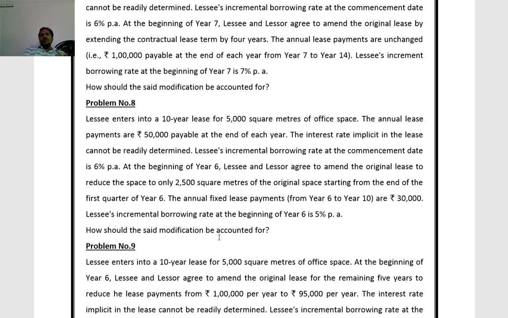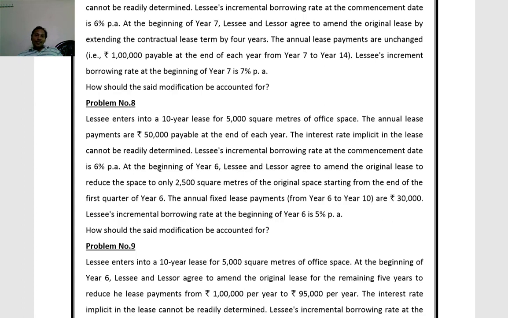So, we will go through the question once again. Initial lease term is for 10 years and it is for 5,000 square meters of office space. Annual lease rent 50,000 payable at the end of each year. Implicit rate of interest is not available.